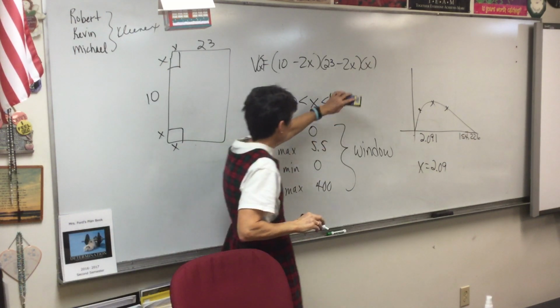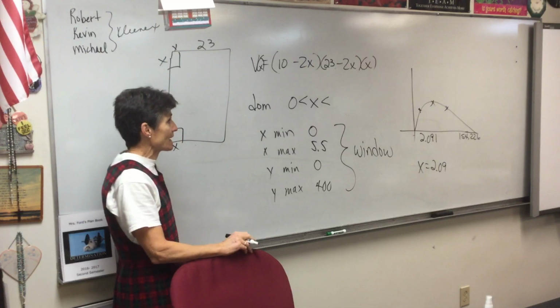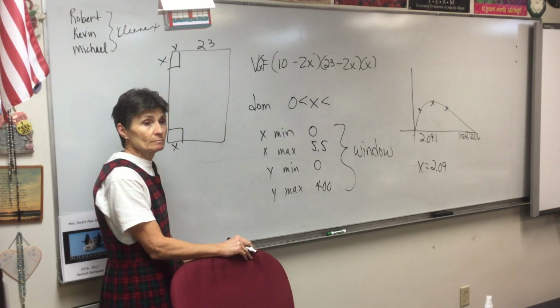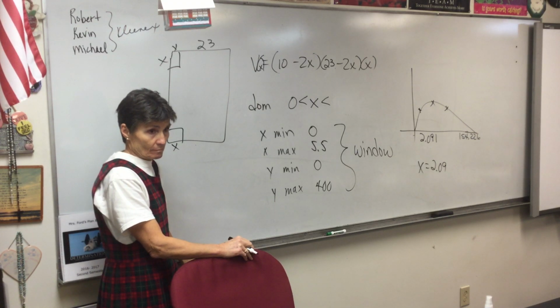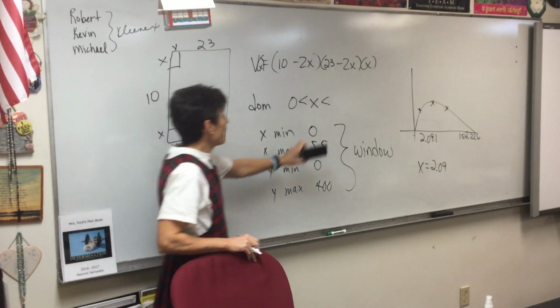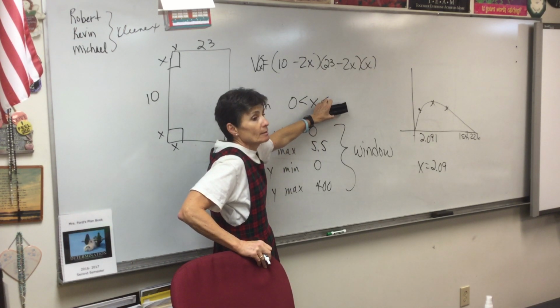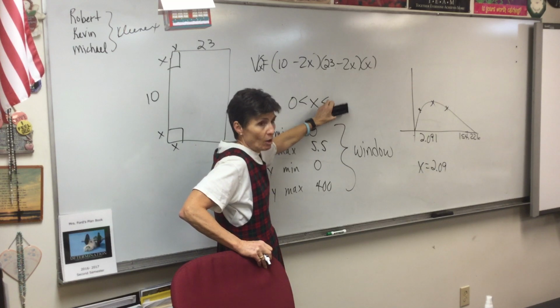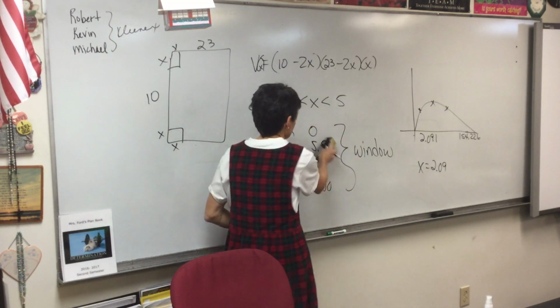I'm going to have a different domain because now that's not going to be 5.5. How do we find this number right here? You take the smallest of those two numbers and cut it in half. Half the smallest dimension. So that's going to be a 5 this time.